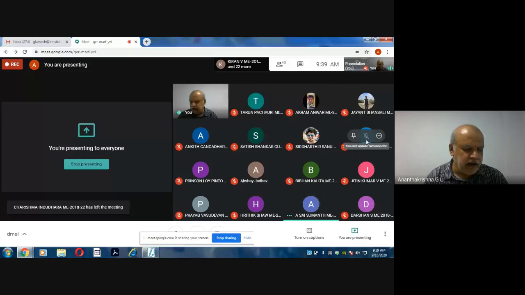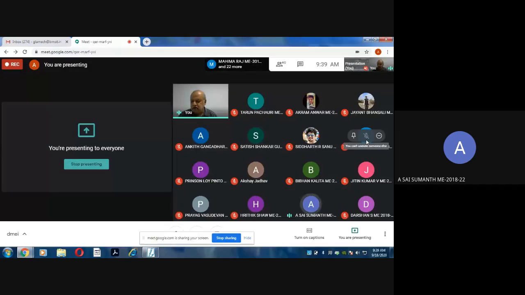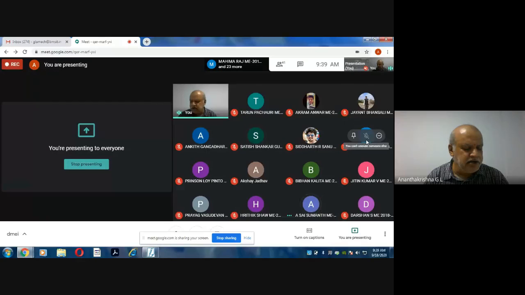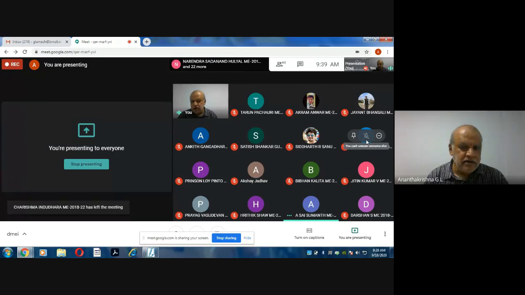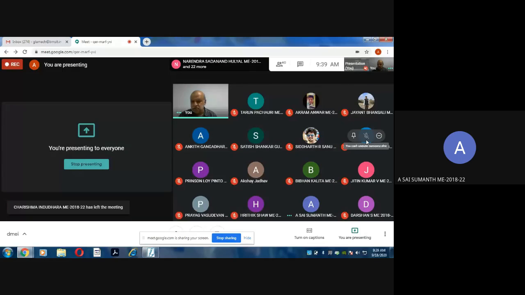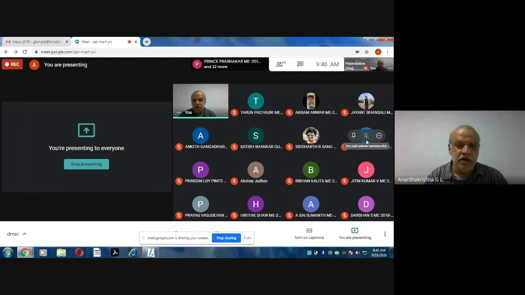Then percentage of carbon, percentage C, then percentage Mn, then tensile strength, yield stress, minimum elongation percentage, hardness, and suggested uses.